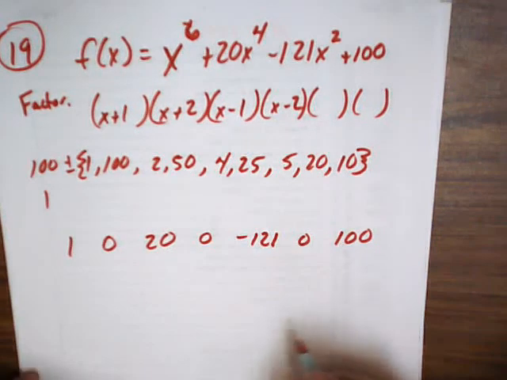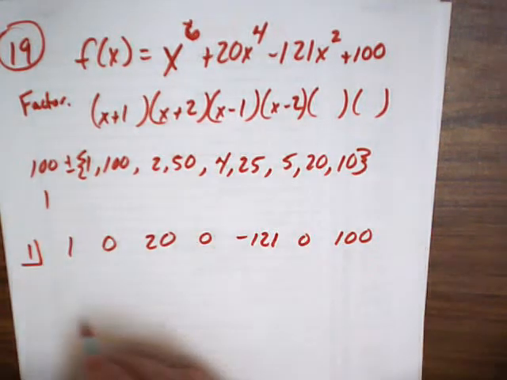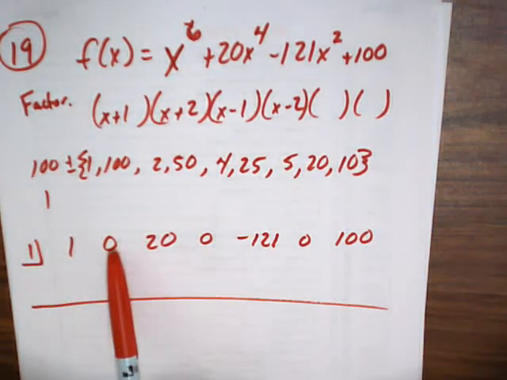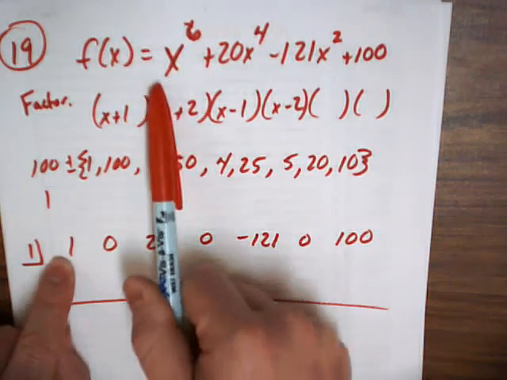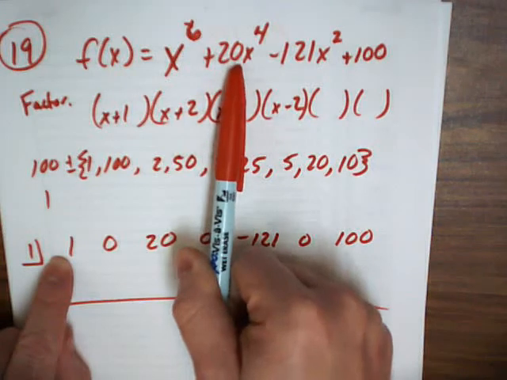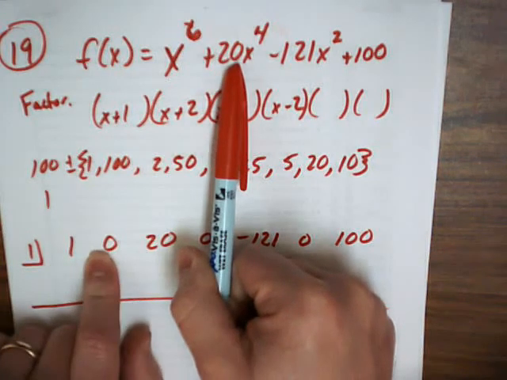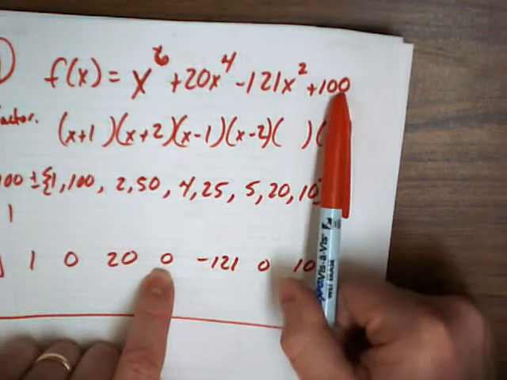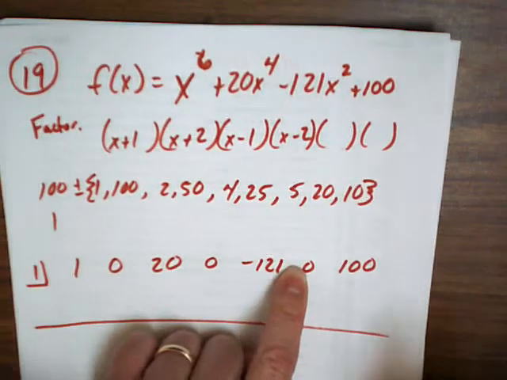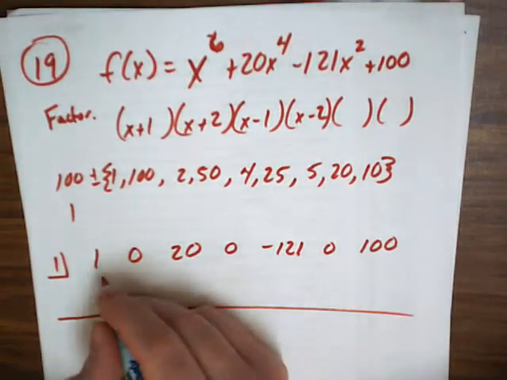And make sure you put these zeros in here, right? Because it skips over x to the 5th, so you have to put a 0 there. And it jumps over x cubed, so I have to put a 0 there. It jumps over x, so I have to put a 0 there. So make sure your zeros are all intact.